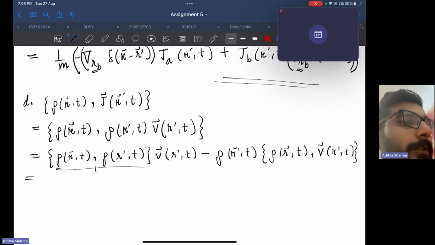This is 0, which we calculated earlier, minus rho.